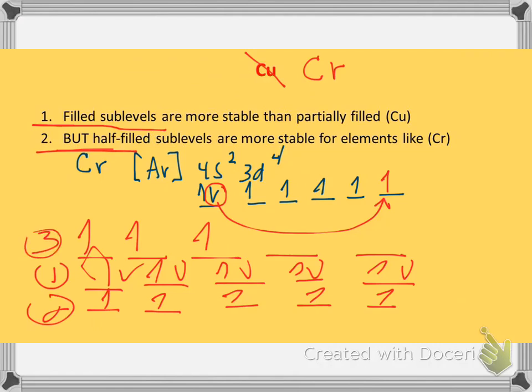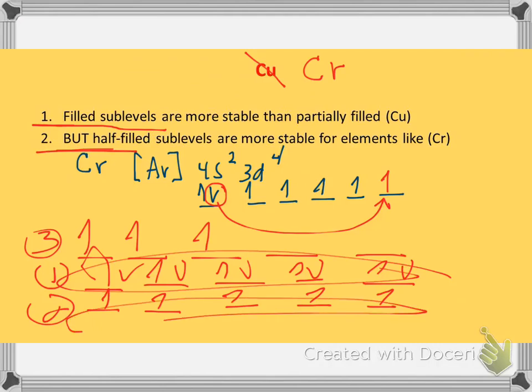So those where they're completely filled is the most stable. Those where each one has an electron is the second most stable, and those that have unfilled orbitals are the least stable.